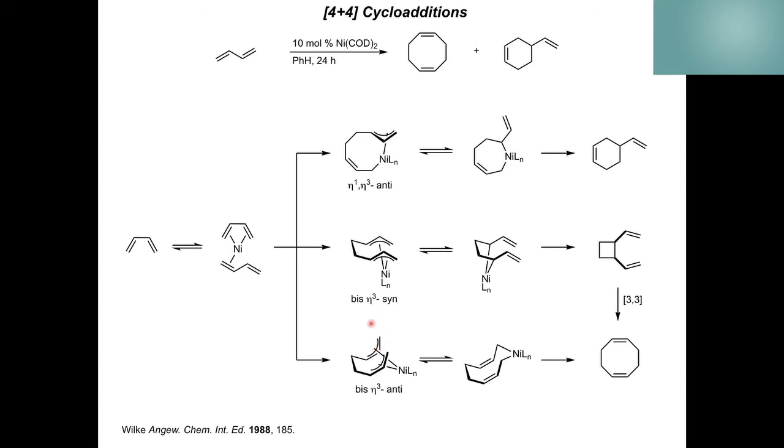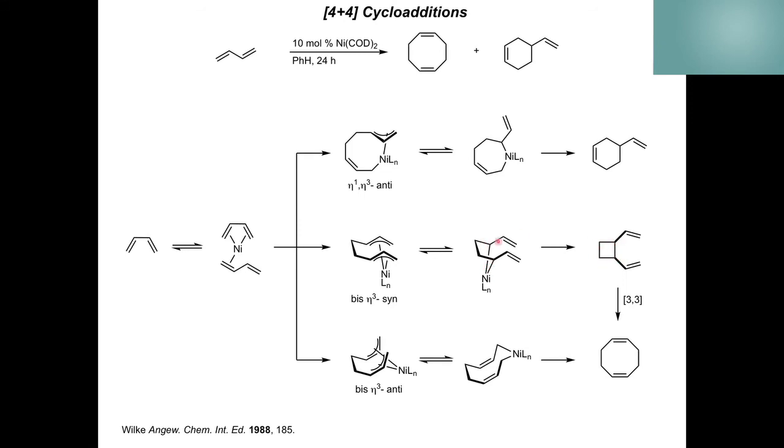But it's actually when we get to the bis eta-3 syn or bis eta-3 anti nickel allyl metallocycles. I see everything as a metallocycle, probably even when it's not, but that's my bias creeping in. We'll look at this from the syn perspective. When we envision both as internal allyl nickel species, it's from this structure that likely a reductive elimination forms the cyclobutane.